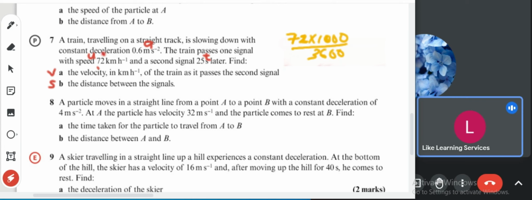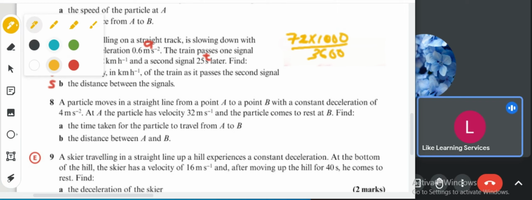Because you need to convert 72 kilometer to meter, you multiply by 1,000. Then you convert hour to seconds, you multiply by 3,600. And this is per, which means over. Alright, so now it is in meter per second.